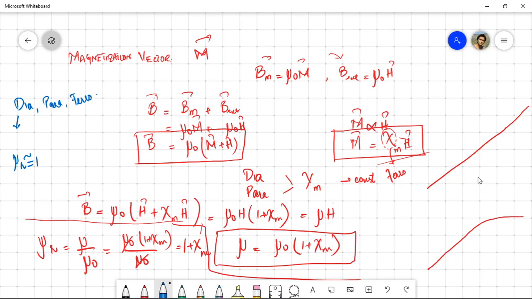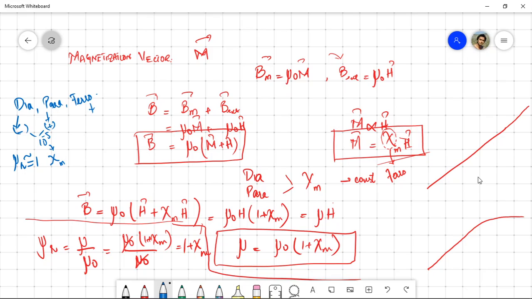For diamagnetic, the value of xm will be negative, and for para it will be positive, but for both of them the value will be of the order of 10 raised to the power minus 5. This is the value of magnetic susceptibility.